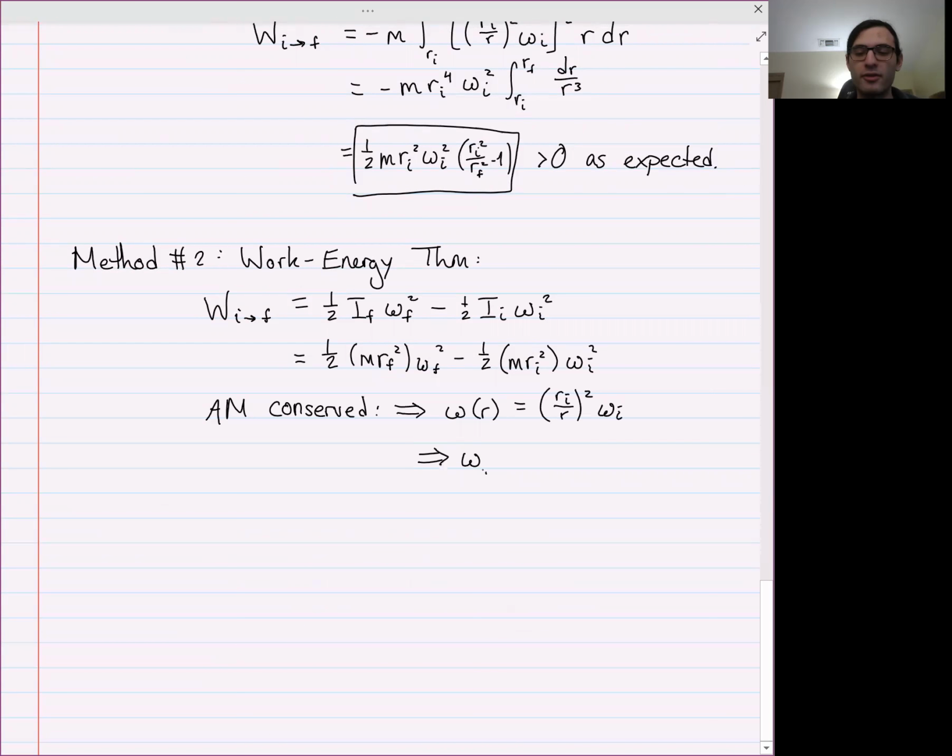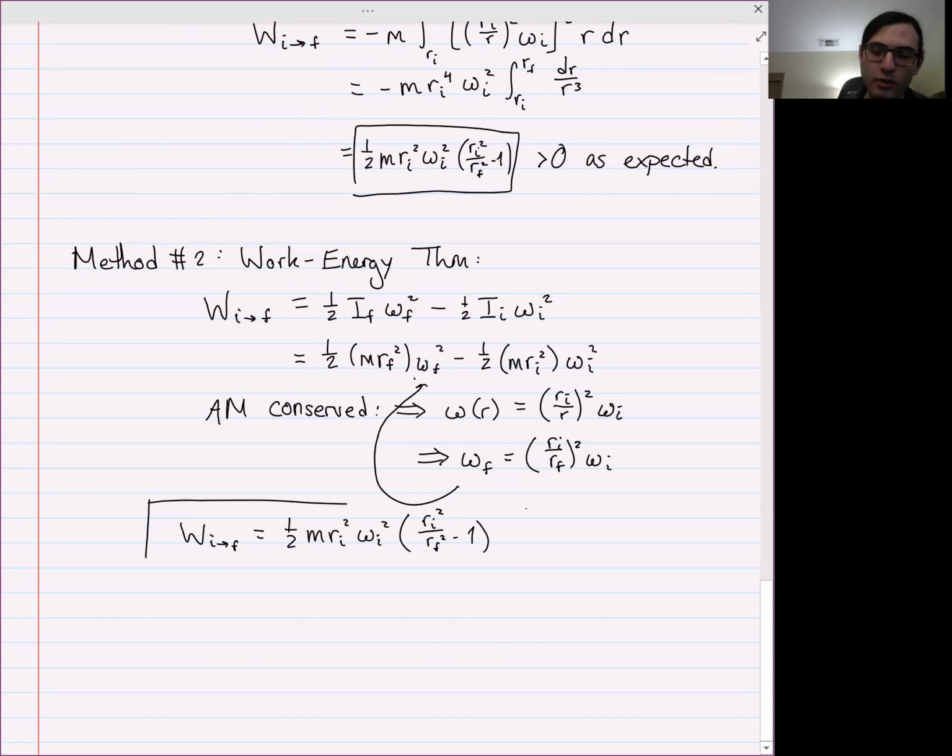So omega F is equal to Ri squared over Rf squared times omega I. And that's the final angular velocity. We can take that and plug it in. After doing some simplification, the work done is 1/2 times m Ri squared omega I squared times the quantity Ri squared over Rf squared minus 1.